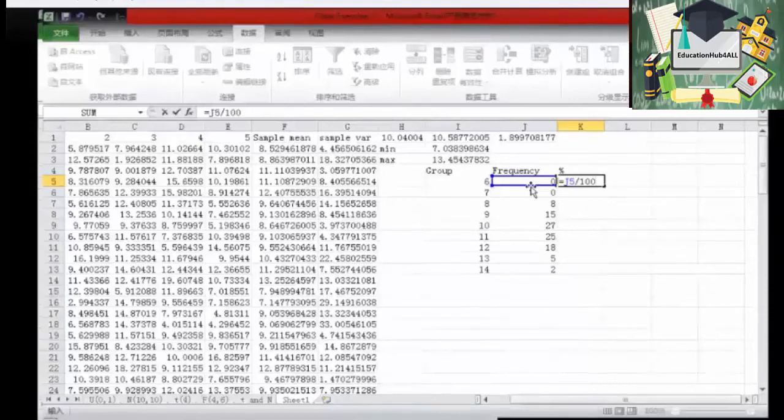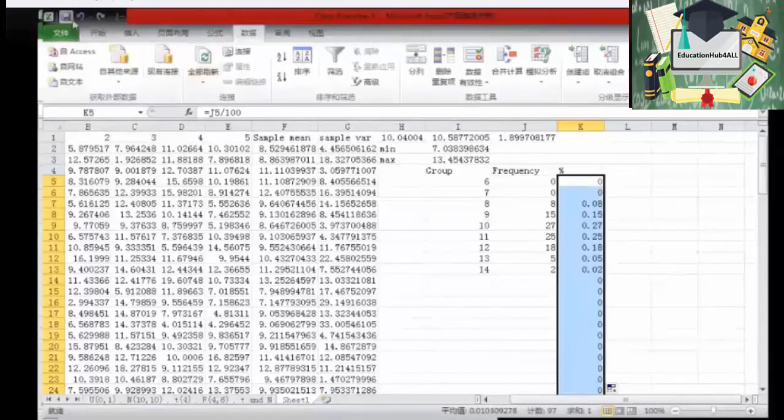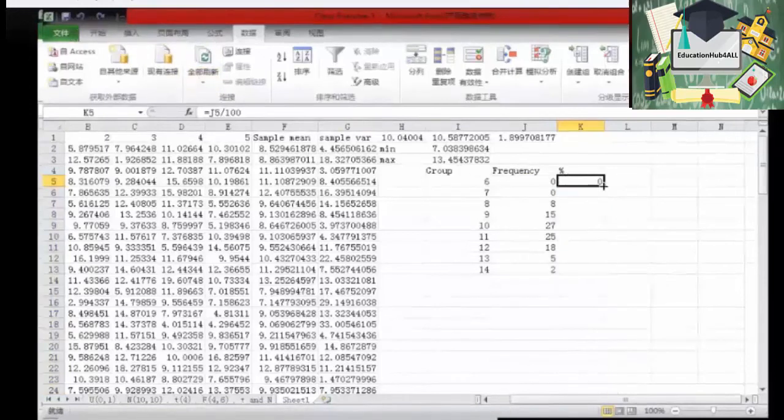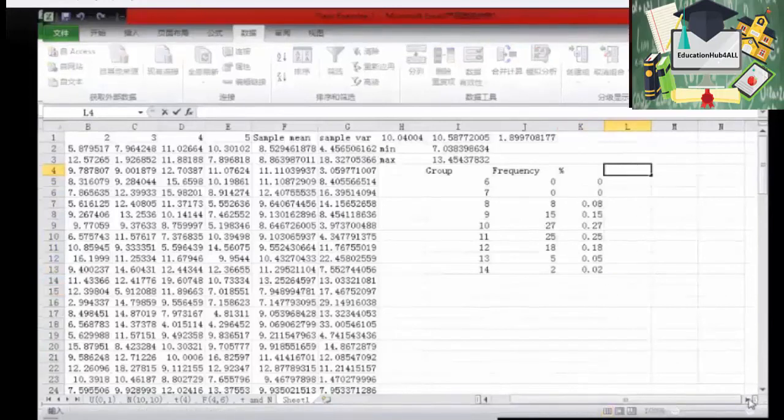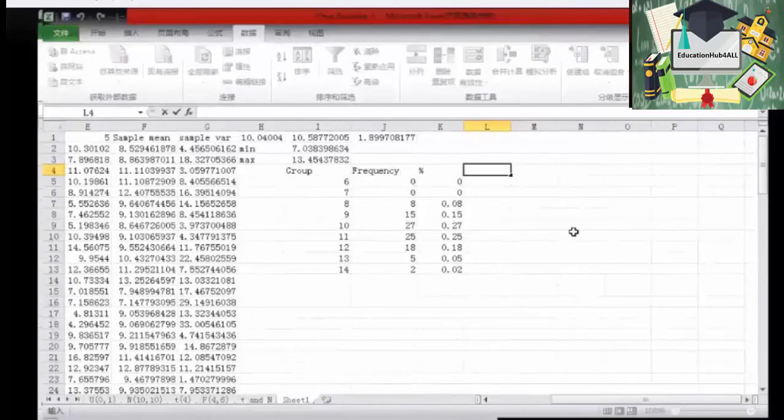So we are talking about the distribution of the 100 sample means. We drag it down, so we have the frequency. Okay, now let's put the true distribution.